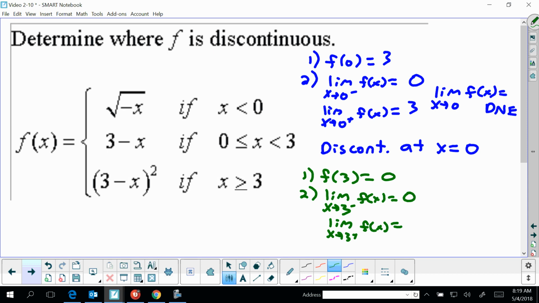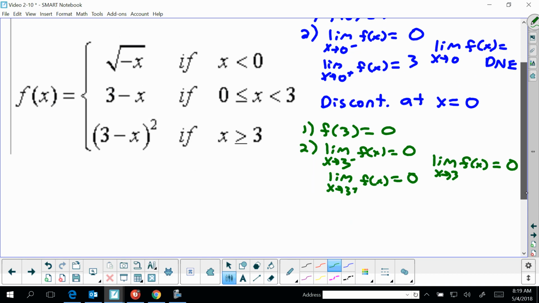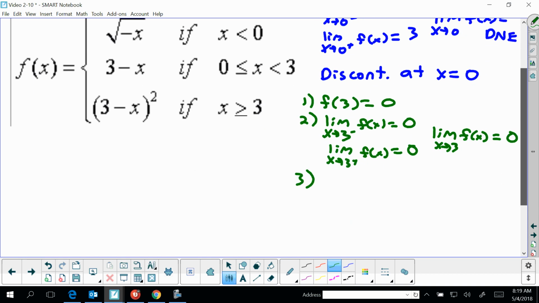Right of 3 would be the bottom interval. When we sub in 3, we get back 0. So therefore, our limit as x approaches 3 overall from both sides is the same number, so the overall limit is just 0. So step 3 now, we want to know, is f of 3 equal to the limit as x approaches 3 of f of x, the overall limit? And it was, 0 equaled 0, that checks out. So then we would say that it is continuous at x equals 3.